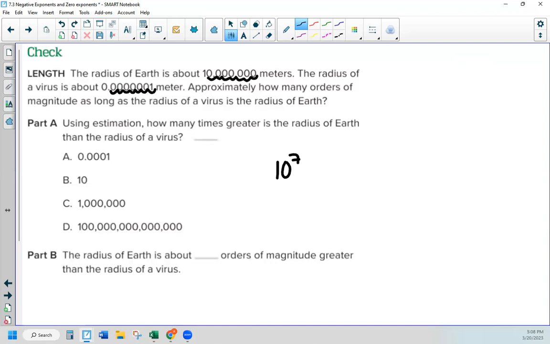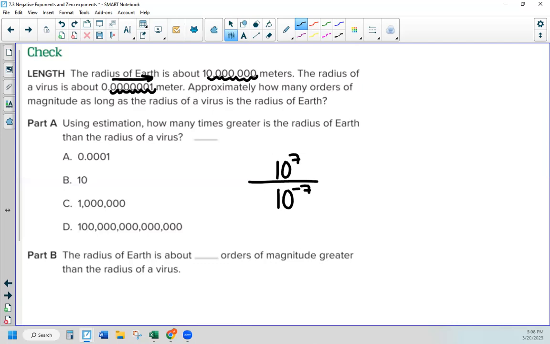And then to get it into a 1, that'll give me 7 jumps, but it's to the right. So I am doing Earth compared to the virus. So this is 10 to the, and I went backwards. I needed to go that way to get this into a whole number. So -7. So this is what we're working with.